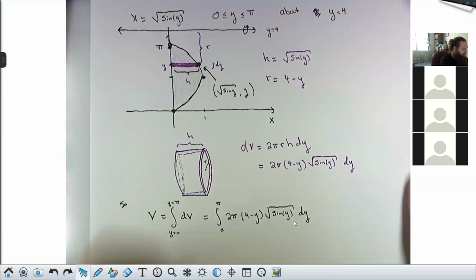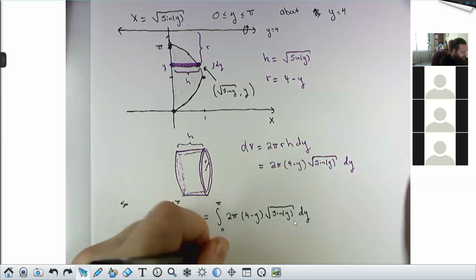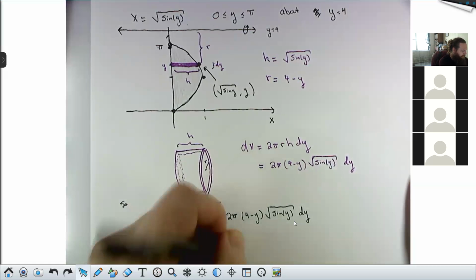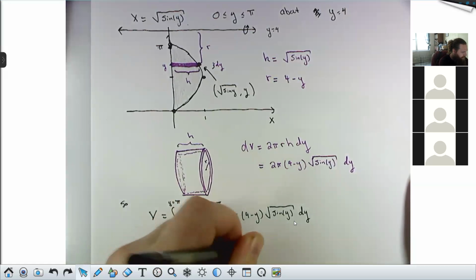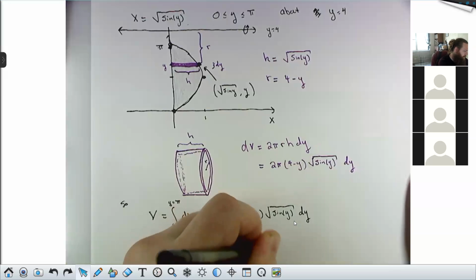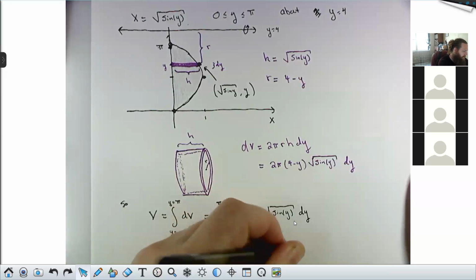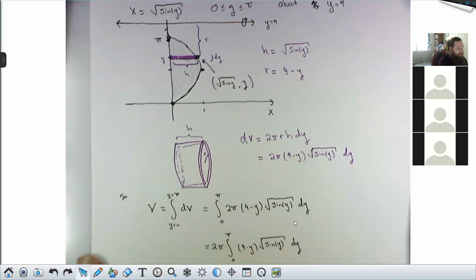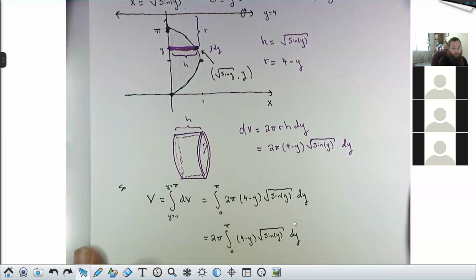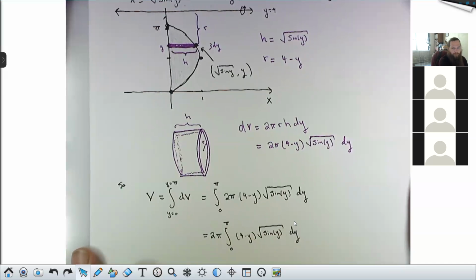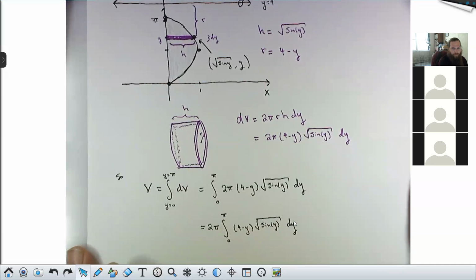I'll pop out the 2 pi. Integrate from 0 to pi, (4 minus y) times the square root of sine y. Would it work if we do sine y to the power of 1 over 2 and then we distribute the 4 and the negative y?